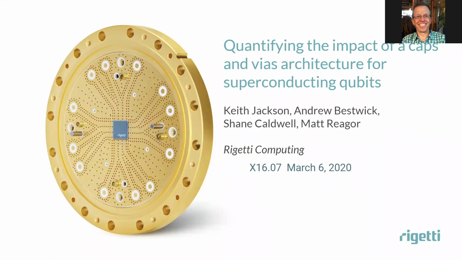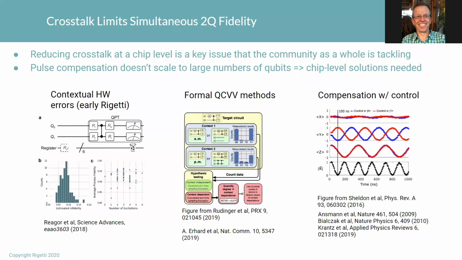Today I'm going to talk about the impact of Rigetti's CAPS-Diaz architecture on reducing crosstalk for our superconducting qubits. So the industry as a whole has been looking at 2Q fidelity, and in particular how that's limited by crosstalk between qubits.